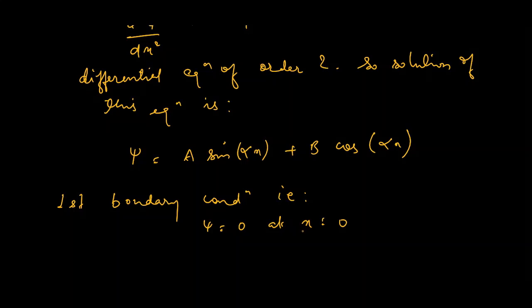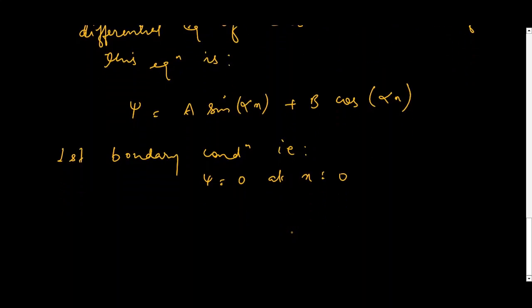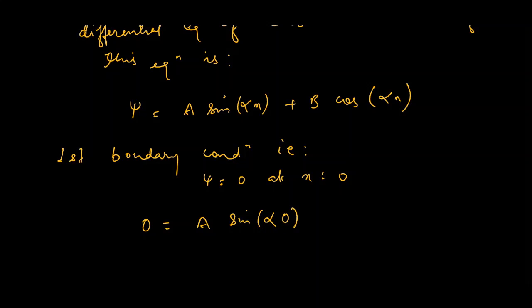So we can write 0 is equal to A sin alpha into 0 plus B cos alpha into 0.